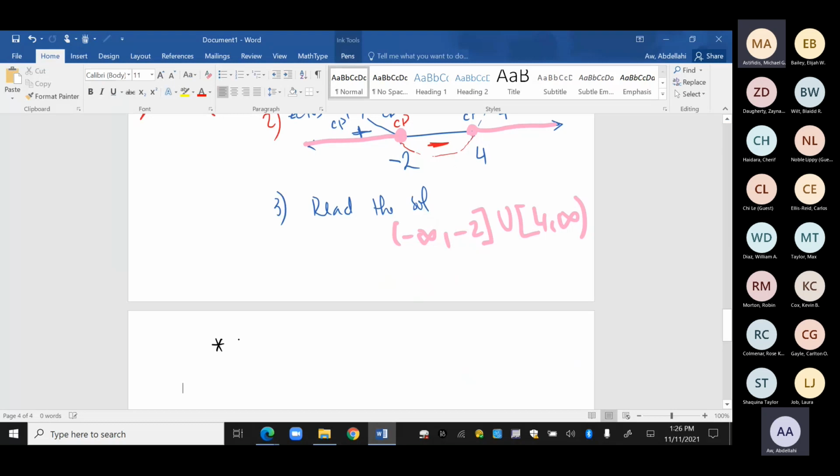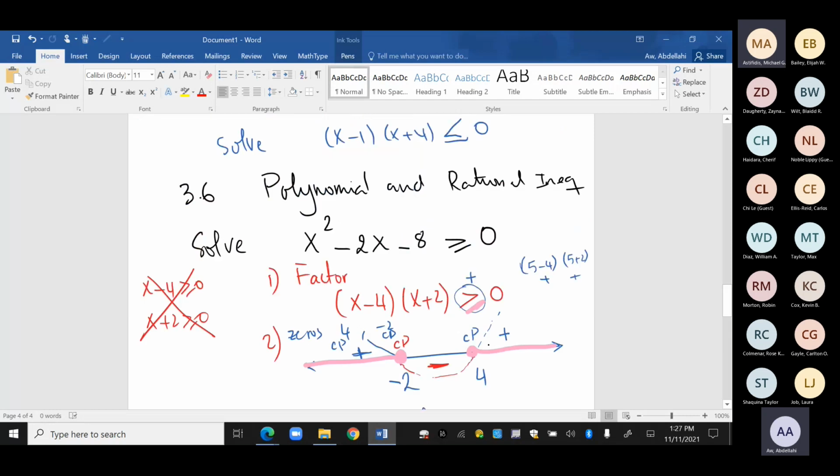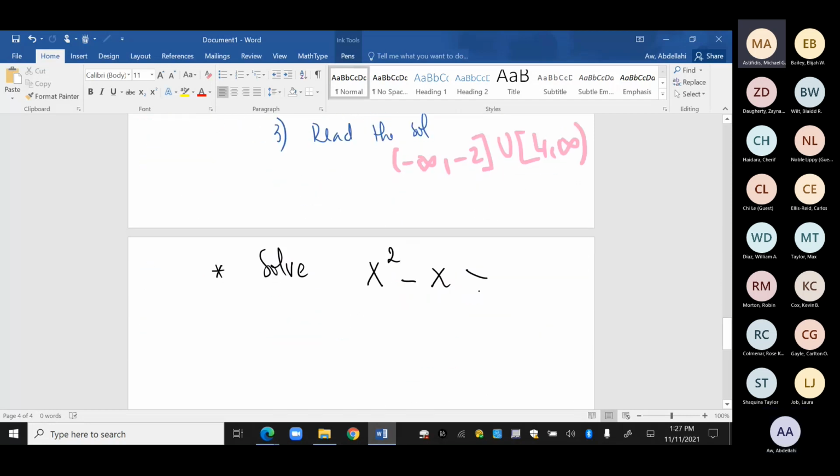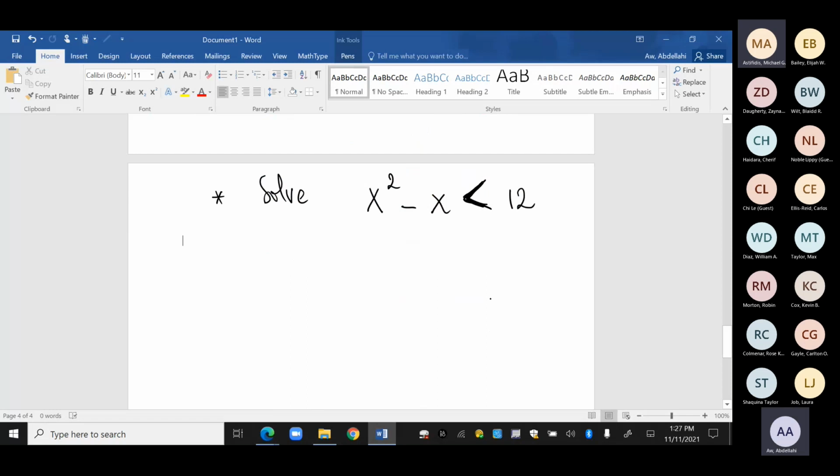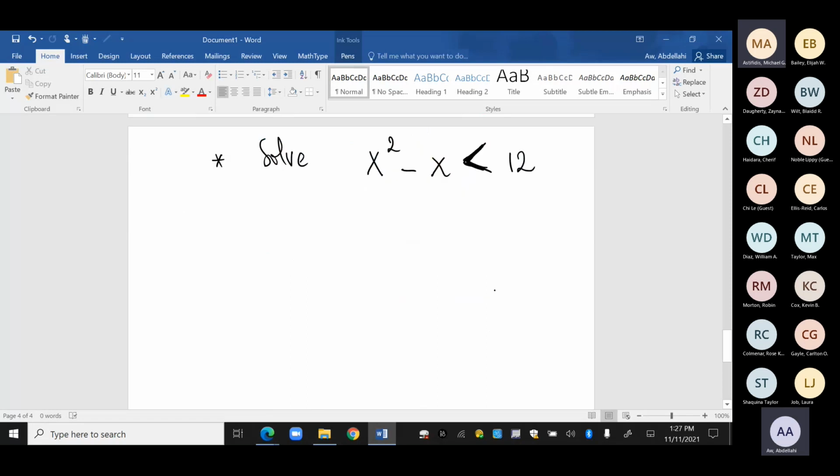Solve x squared minus x is less than 12. Everybody go ahead. So what do we have to have on one side?